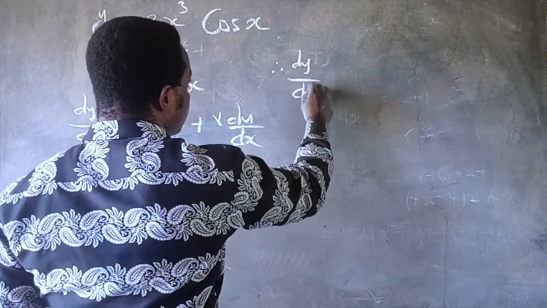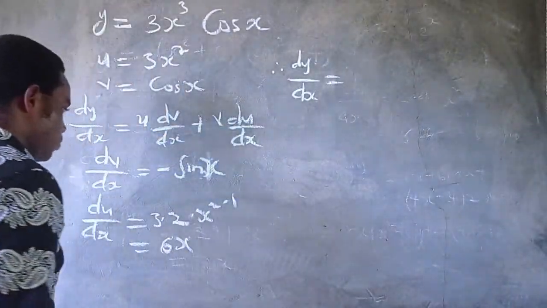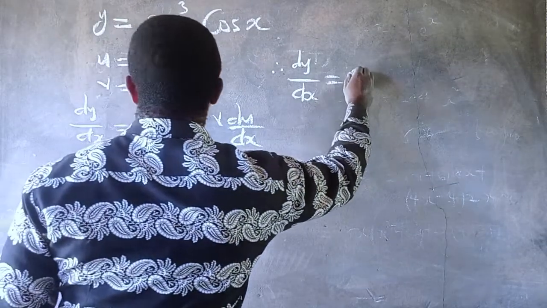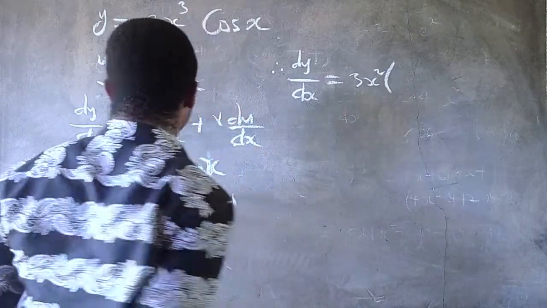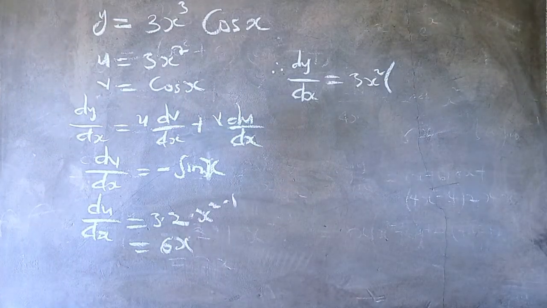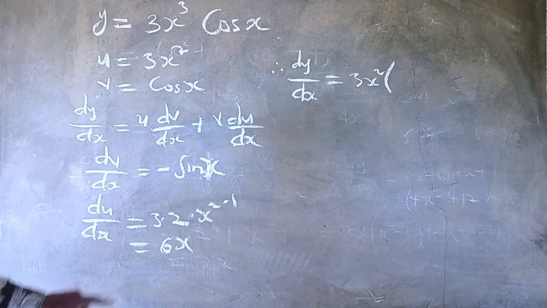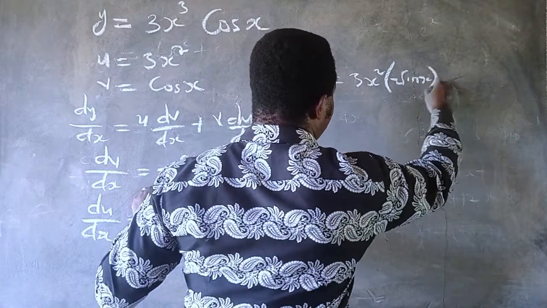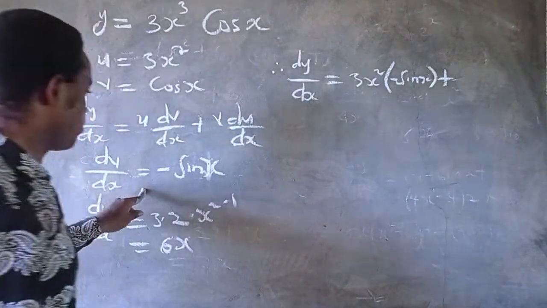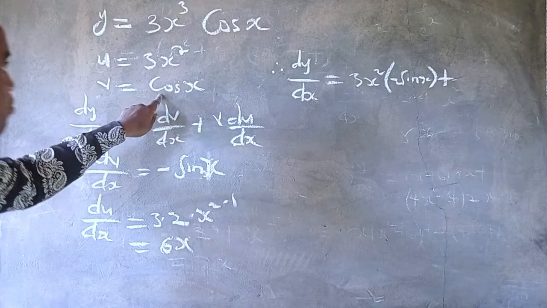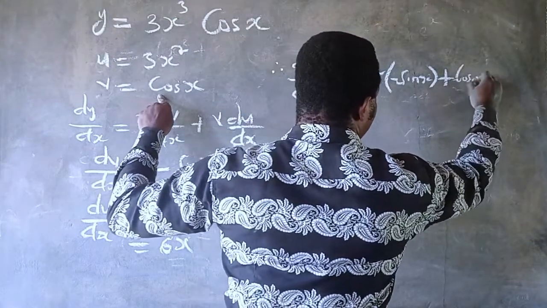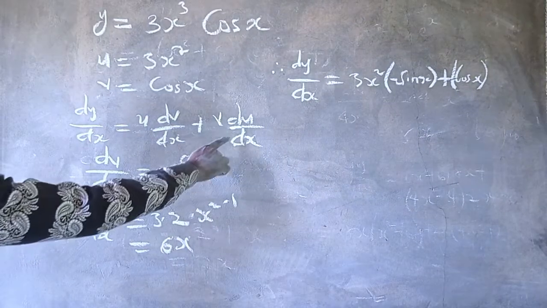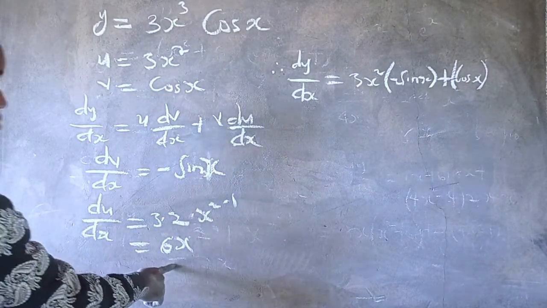Therefore, dy/dx equals u. You can see up here, our u is 3x squared. And what is dv/dx? The derivative of v with respect to x is negative sine x. And plus, what is v? Cos x, multiplied by the derivative of u, which is 6x.